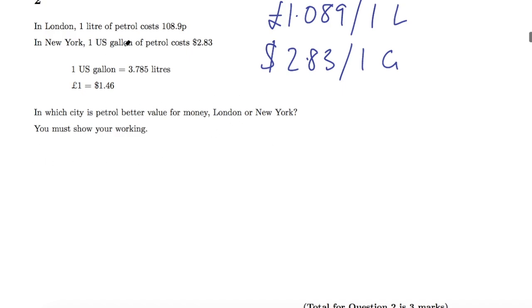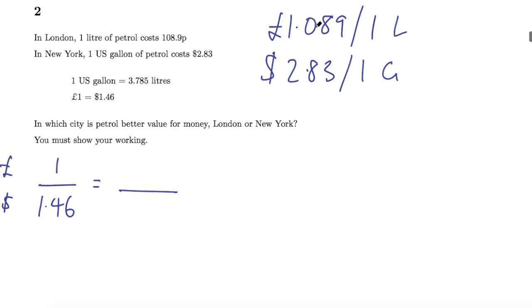We can do that using ratios. So 1 pound over $1.46, with pounds on the top and dollars on the bottom, should equal however many pounds I have, let's say X, over $2.83. So what I'm looking for here is the amount of pounds that I need.